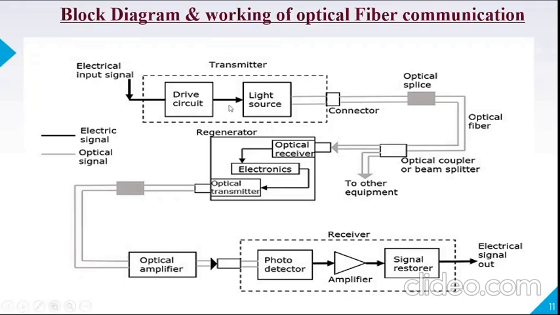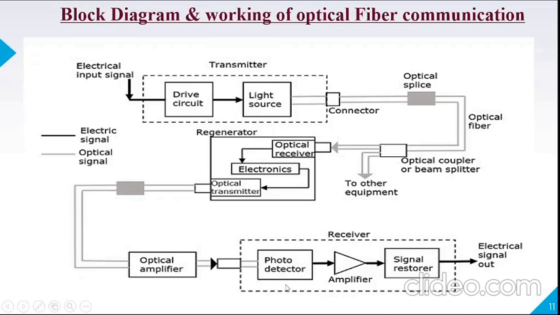Now here, as you can see, this block diagram incorporates the transmitter. This is the transmitter, then receiver, this is receiver section, and then this section is your communication channel. Now as you can see, the transmitter section consists of driver circuit and light source.